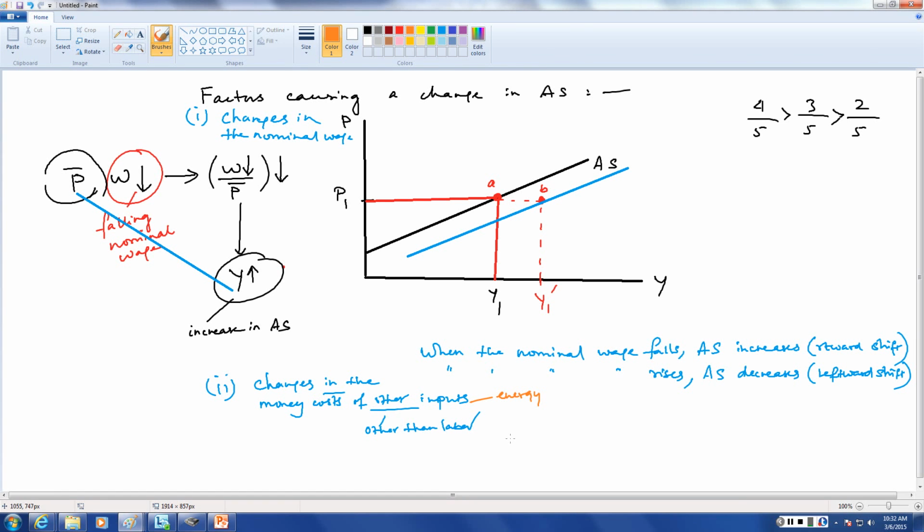The third factor is changes in potential GDP. And let me explain that. I'm going to go to a new page.